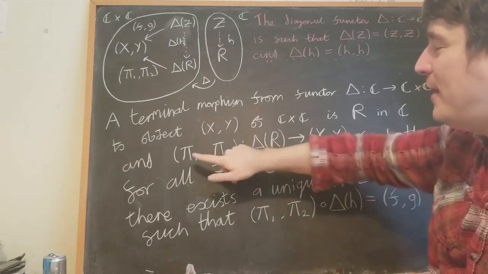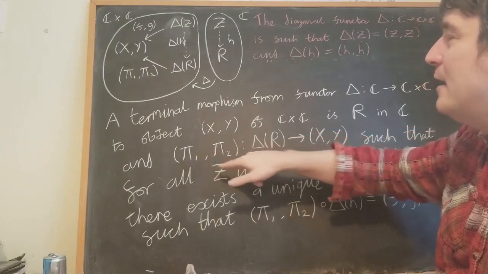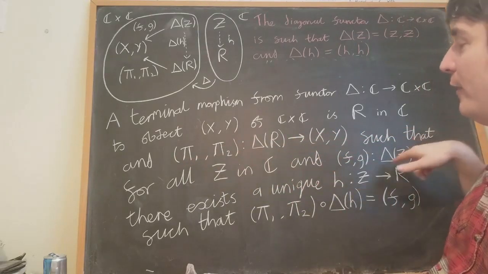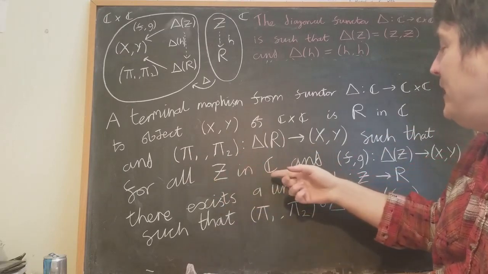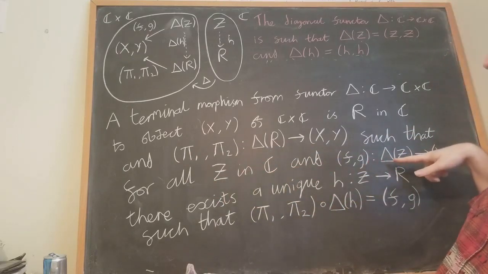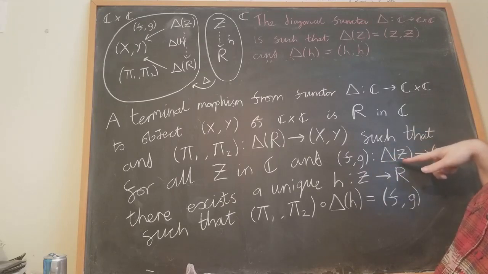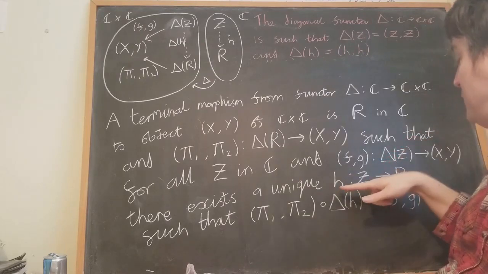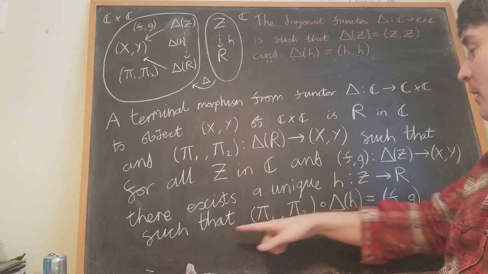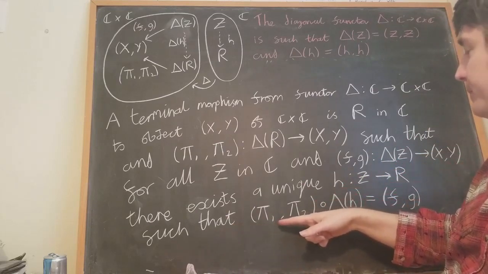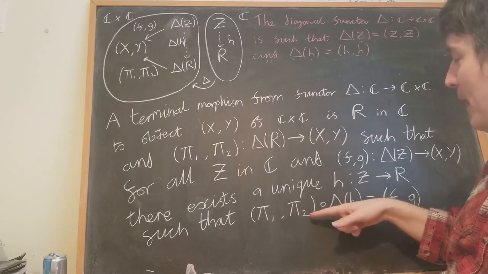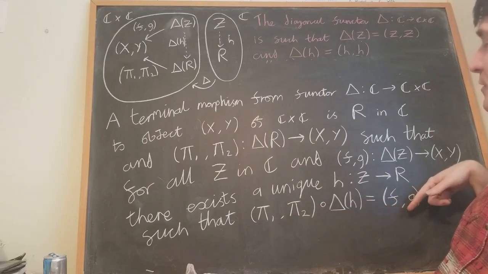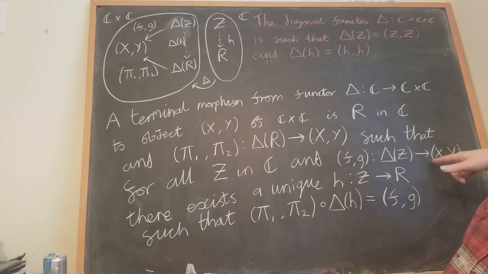Now I am being a bit preemptive here, calling this arrow pi1 comma pi2, but that's just a name so far, okay? And it has to be such that for any z in C and for any arrow from delta of z into xy, there has to exist a unique h from z to r, which is going to be such that if we compose this arrow pi1 pi2 with delta h, we get this arrow f comma g, which went from delta z into x comma y.